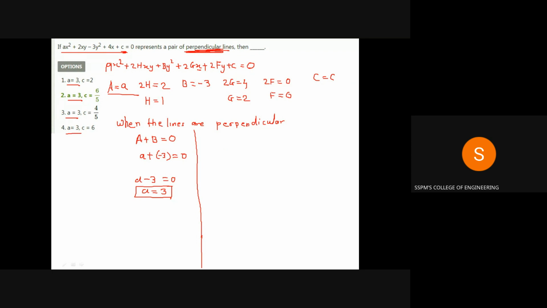The given equation represents a pair of lines.